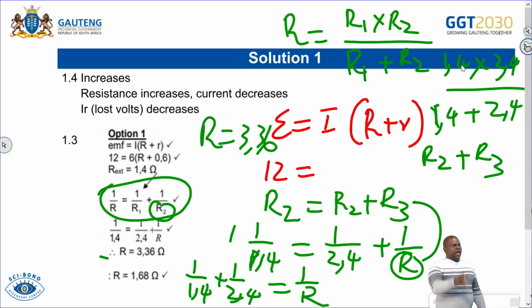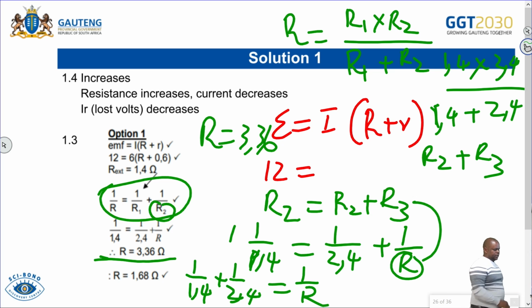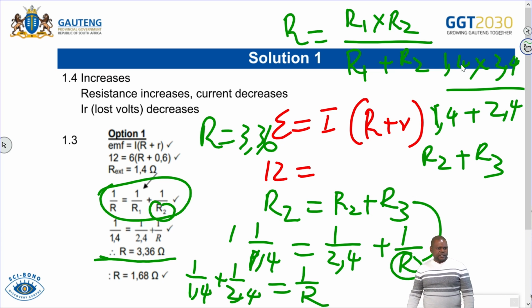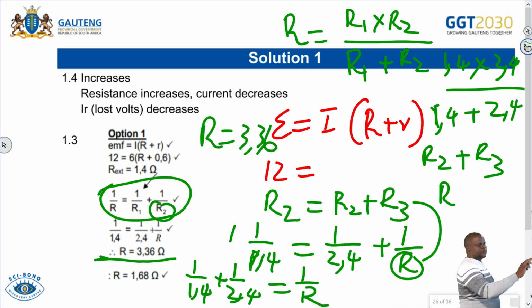Can you see? Then at the end, after you've done this, you'll get what? 3.36.